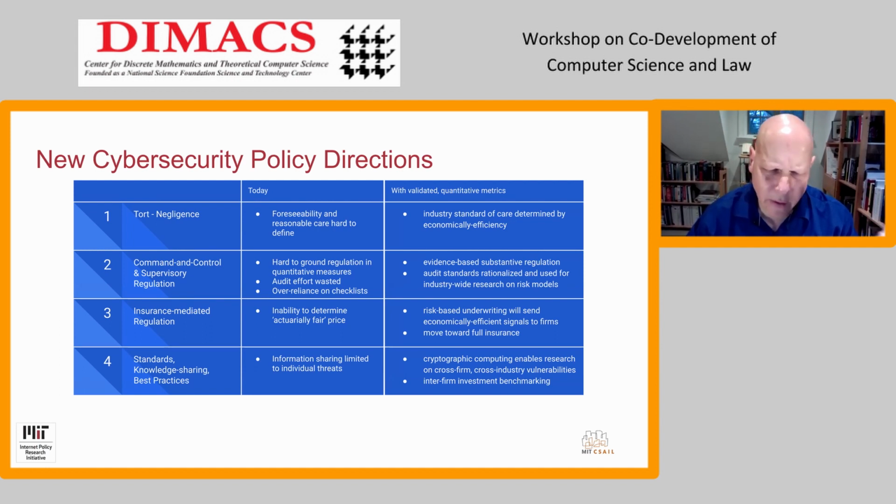Finally, there is a lot of effort expended in the cybersecurity community on developing better standards for cybersecurity practices, on sharing information about particular kinds of threats. But all that sharing doesn't tend to do the kind of analysis that we've shown is actually possible.